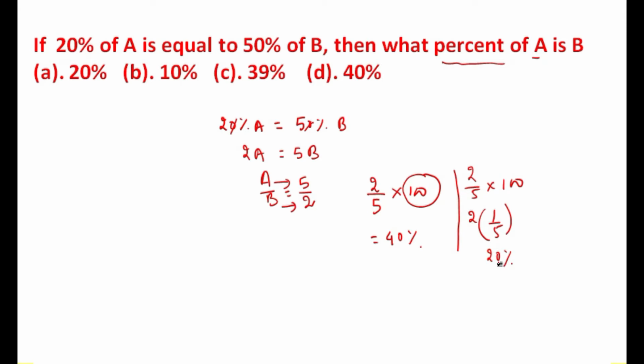So if we multiply this 20% with 2, we get 40%. So our answer will be 40%, D option. Fine. I hope no one is having any issue with this question. This is very simple, very basic. Okay, let's move ahead.